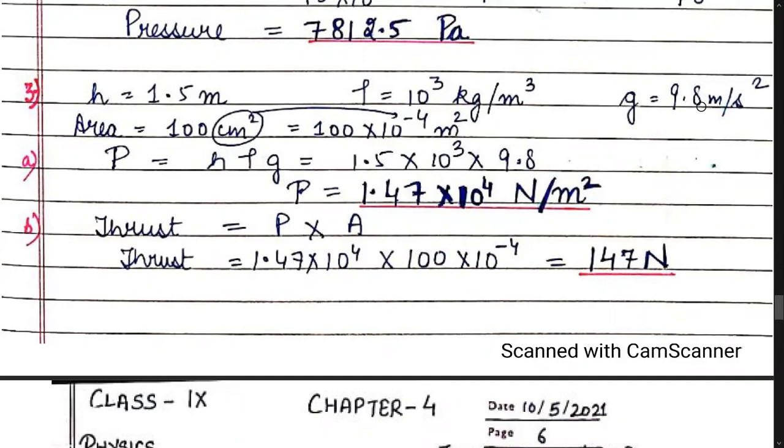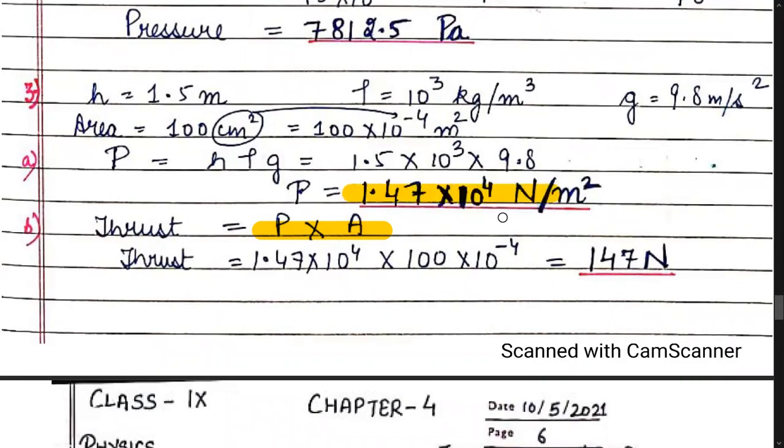Children, first of all, let's find pressure. That is h rho g. Put the formula, find the value of h. Put the formula h rho g. Put the values of h, rho and g also. And then your answer of pressure will come in Newton per meter square, which is also known as pascals. And for finding thrust, the formula used will be pressure multiplied by area.